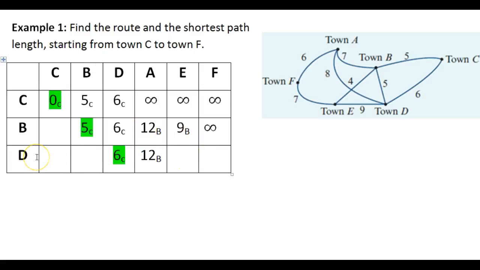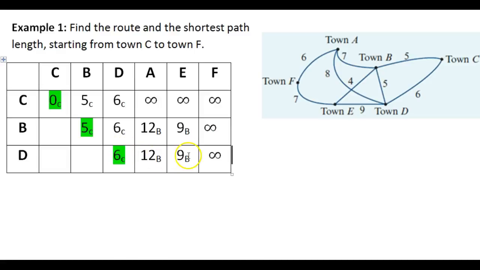Now we look at from D to E. So D to E is an additional 9. 6 plus 9 is 15, so 15 via D. Compare it to above. No, the above is better, so we keep that shorter distance from above. Can we get from D to F? Well, no, we can't do it directly, so it stays as infinite.